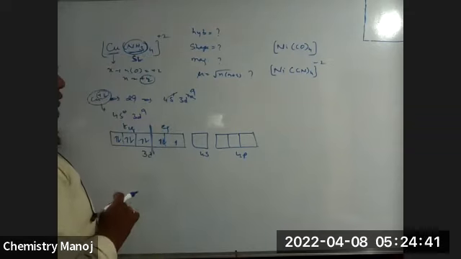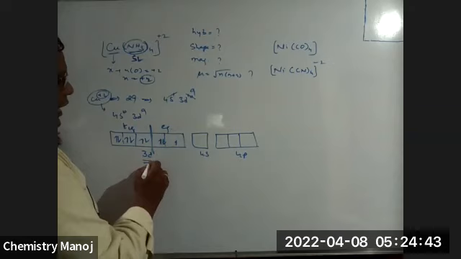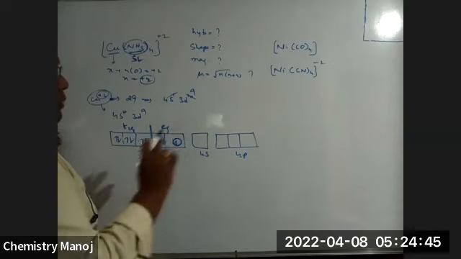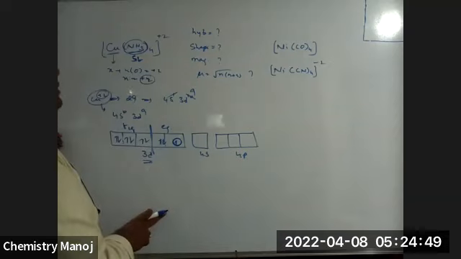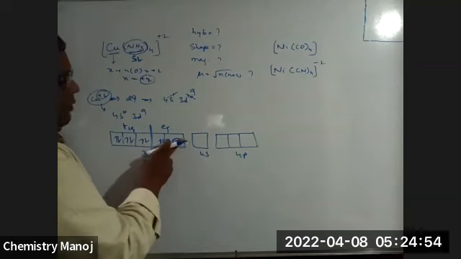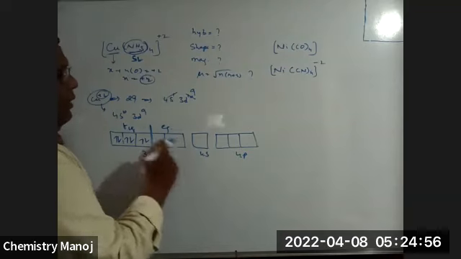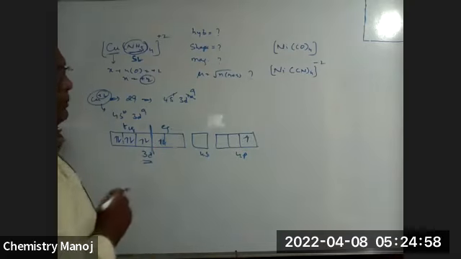Now, this NH3 is a strong ligand or weak ligand? Strong ligand. So the 3d orbitals have one unpaired electron. Because the strength of that ligand is very strong, this unpaired electron jumps from the d orbital to the p orbital.